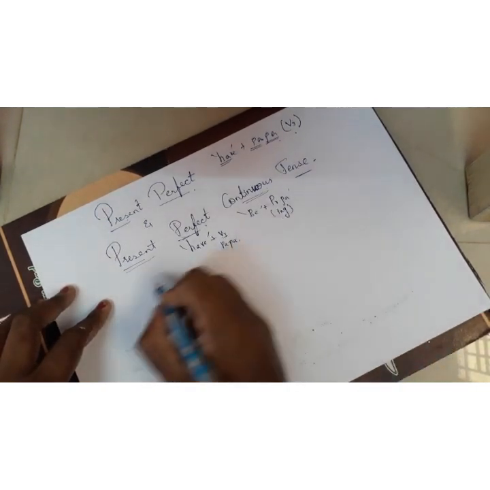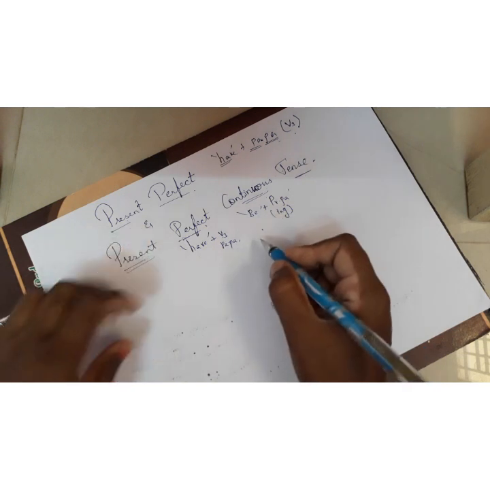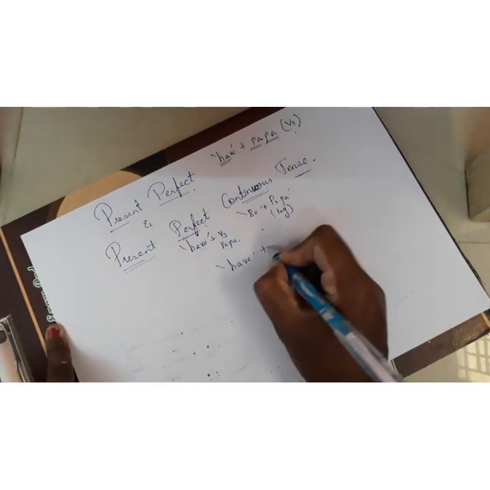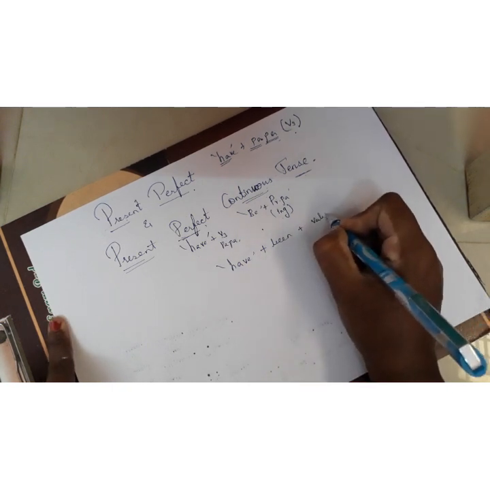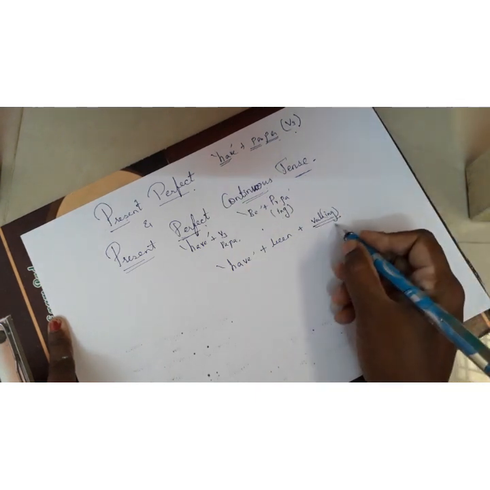So what is its form? At last, this present perfect continuous alone is have verb plus been plus verb with ing, the present participle.